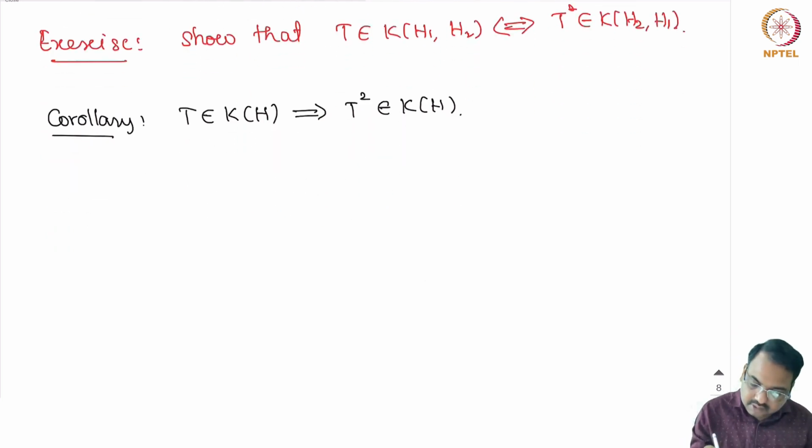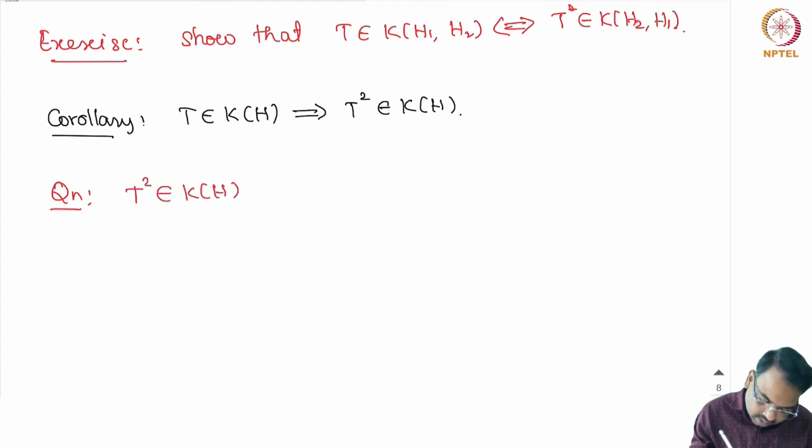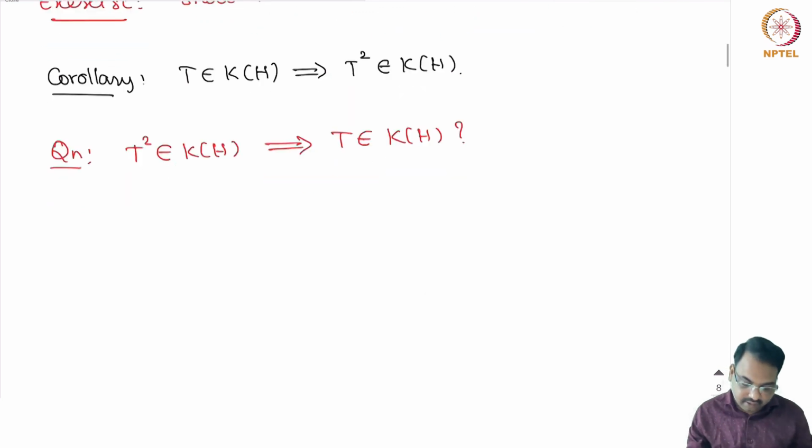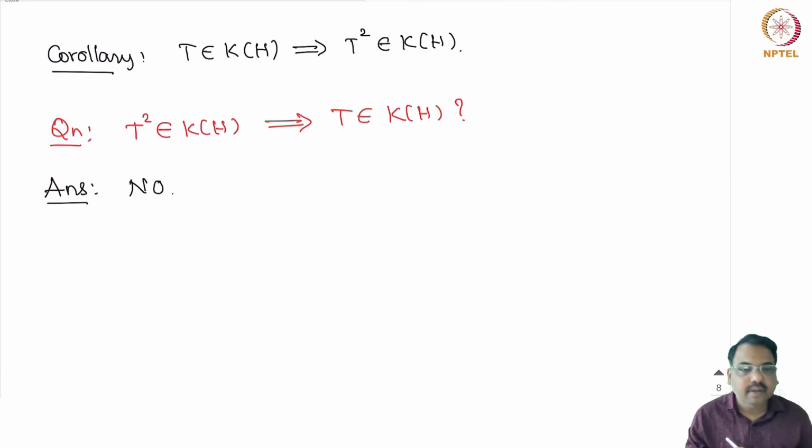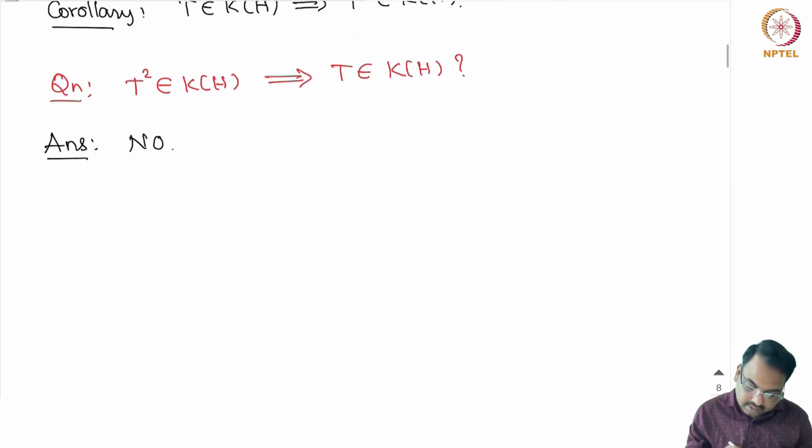Now, the converse question we can ask: can we say that T square is compact implies T is also compact? In fact, the answer is no.